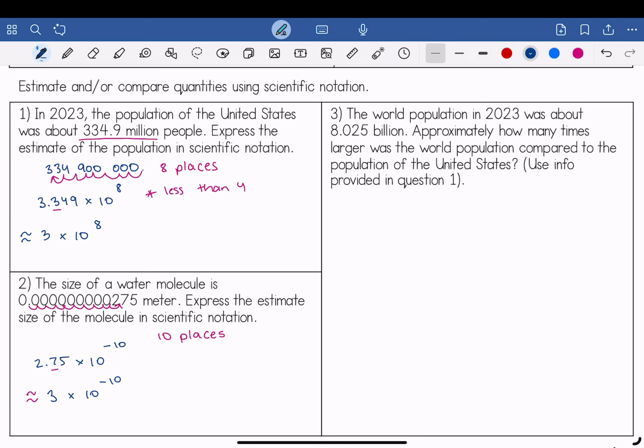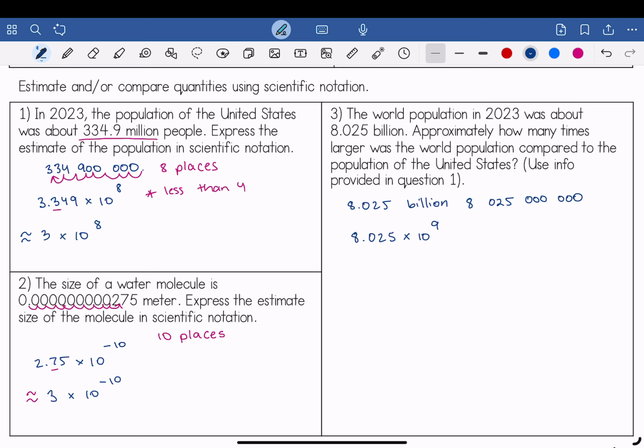So first I'm going to rewrite 8.025 billion in standard form. So that's a million, and this would be billion. 8.025 billion in standard form is this, and then in scientific notation, it is 8.025 times 10 to the power of 9.